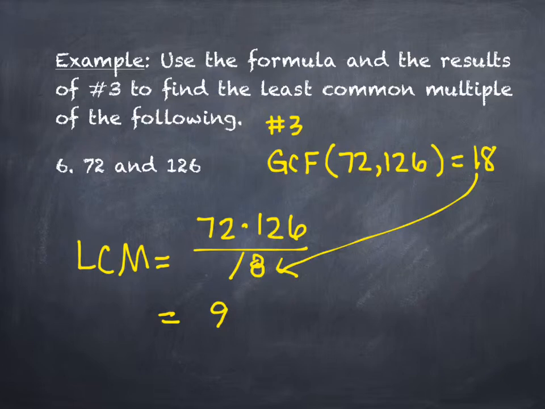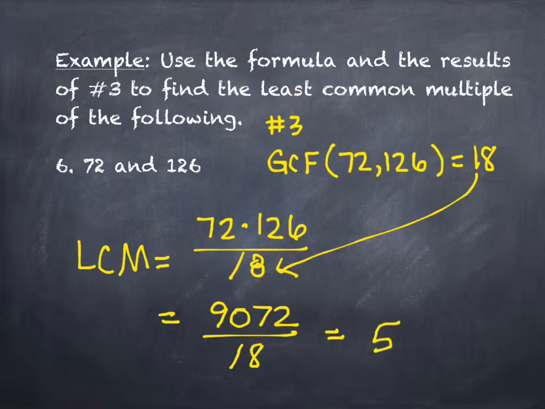One more time. 9,072. Oh, that's why I didn't hear it. I was listening for hundreds, and there wasn't one, right? Okay. And then you divide that by 18. 504. 504? Yeah. So it's definitely the least amount of work because you had the work that you already did on the other problem already done.